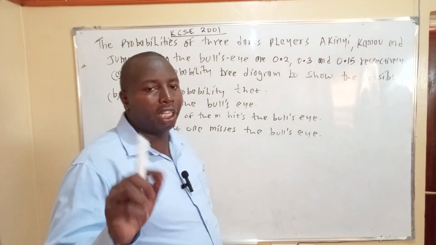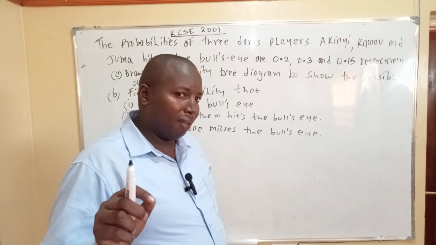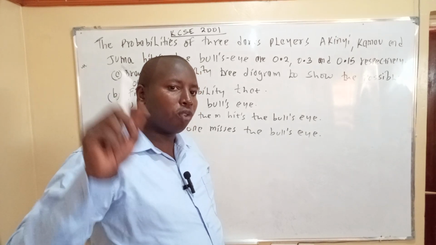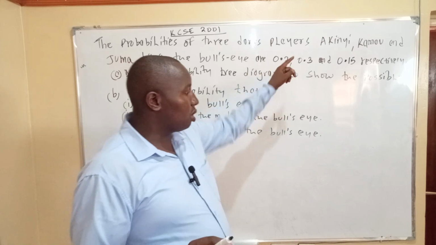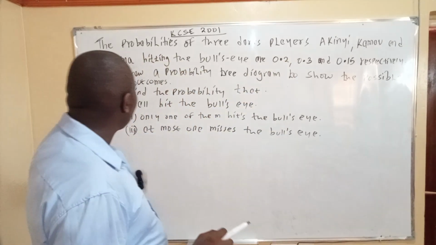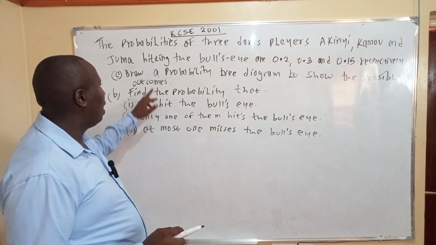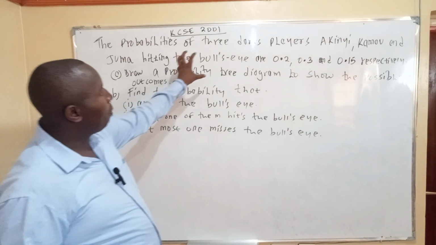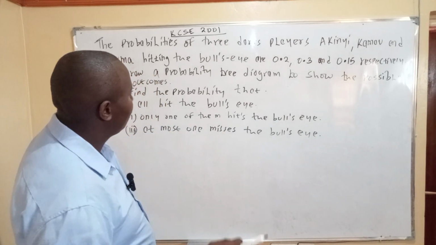So that is the probability of hitting the bull's eye. If there is a probability of hitting the bull's eye, there is a probability of not hitting the bull's eye. So therefore, that's what the examiner is testing. Now, draw a probability tree diagram to show the possible outcomes.